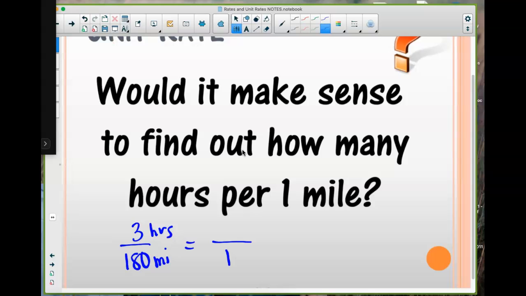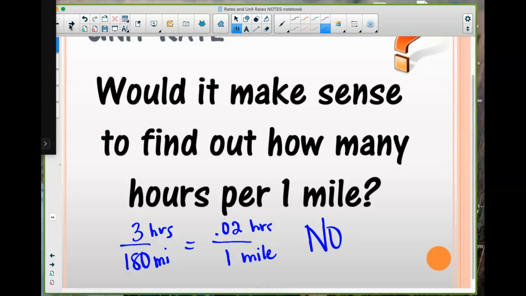And we would have to do 3 divided by 180, which ends up being 0.02 hours per mile. I don't think that makes much sense. So I would say no, this does not really make sense for me to figure out. Miles per hour makes sense. Hours per mile doesn't really make sense.